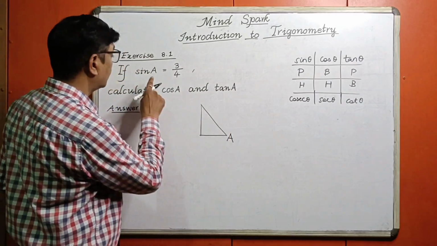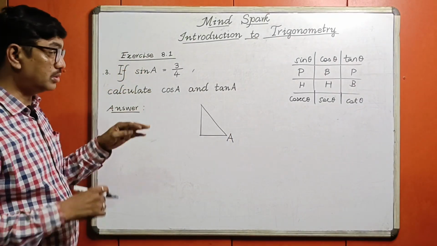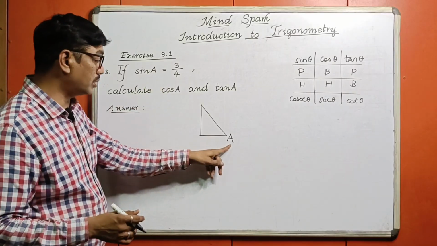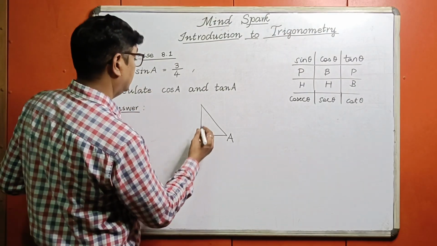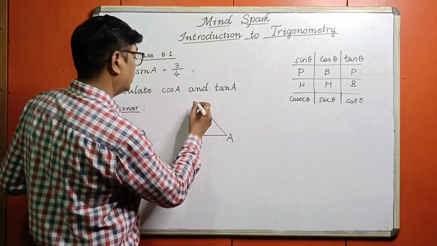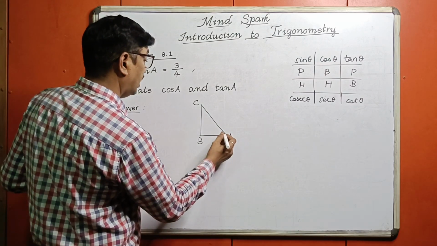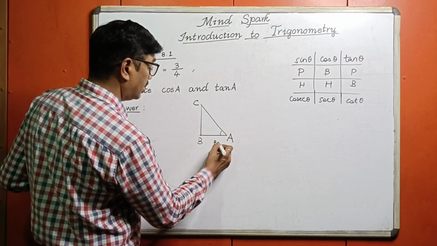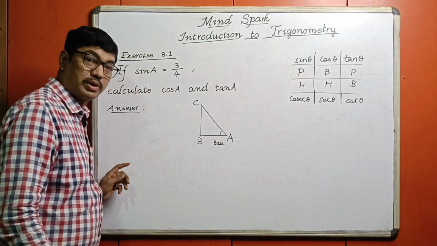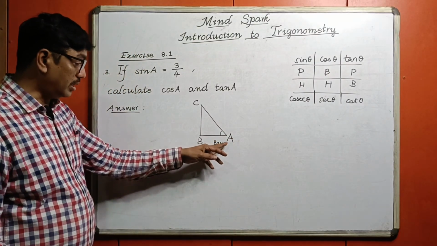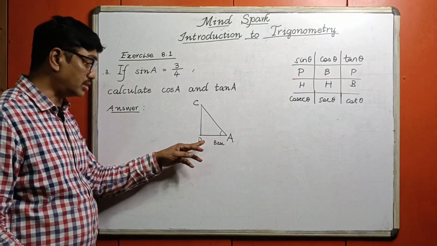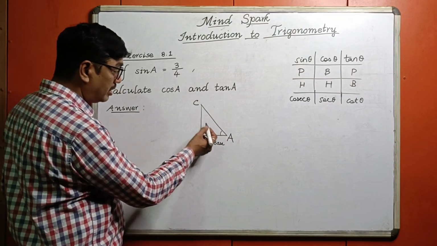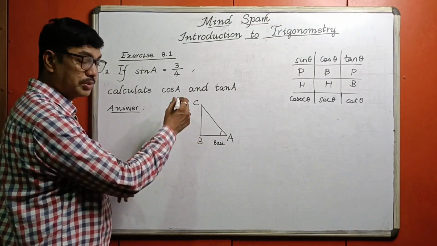A is the angle, you can see here. So go in a systematic way, sin A is there, so I took A here, then B, C. Near to the angle A is your base or adjacent side. Near to this angle, AB is the base or adjacent side, and opposite to this angle, BC is your opposite side.